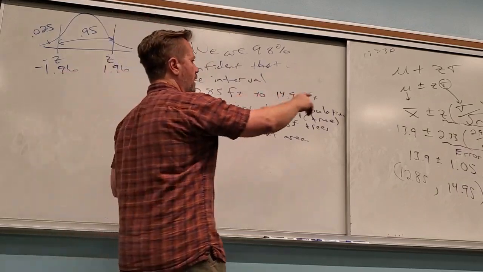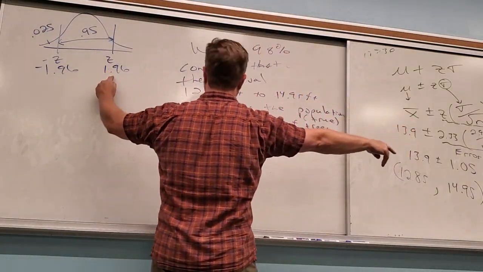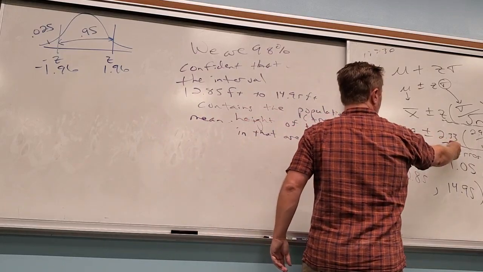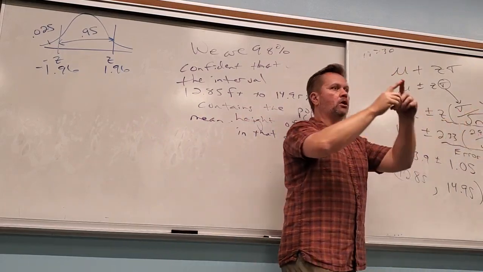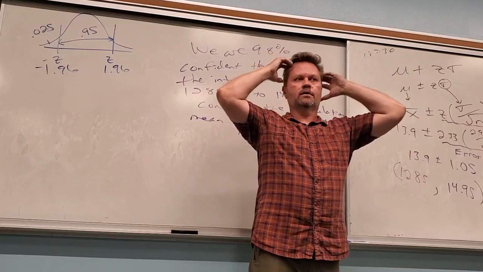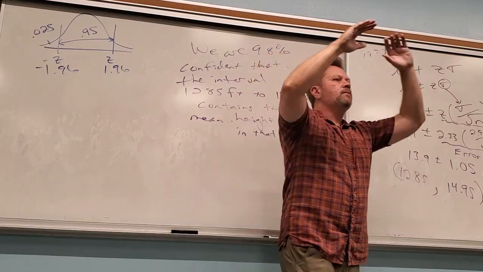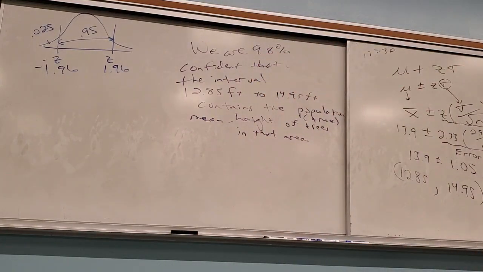If I did a 95% confidence interval, wouldn't it be a 1.96 here? Wouldn't this error be smaller then? I would go up less and I would go down less. Why does that make sense? If I want to be 98% confident, how much data do I have to catch? 98% of the data. If I want to be 95% confident, I only have to catch 95% of the data. So my interval gets a little smaller.